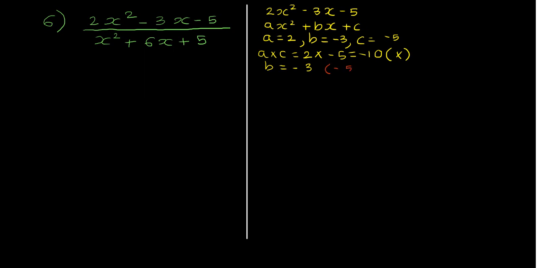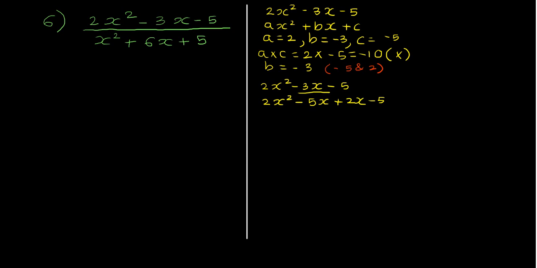Right, to factorize, I'm going to rewrite my numerator 2x squared minus 3x minus 5, split the minus 3x into the two numbers, in any order: 2x squared minus 5x plus 2x minus 5.